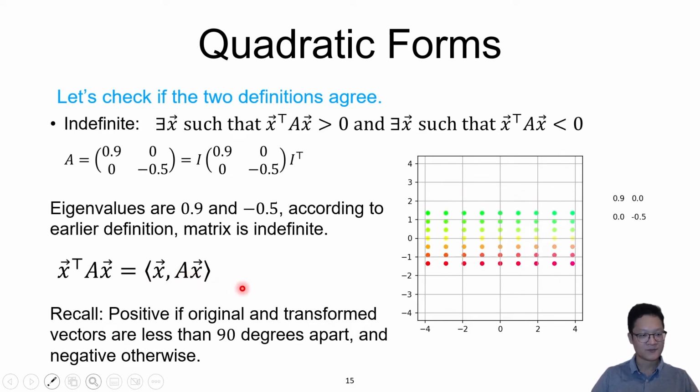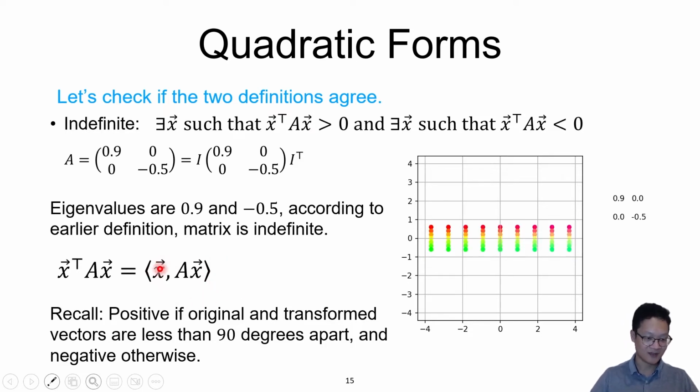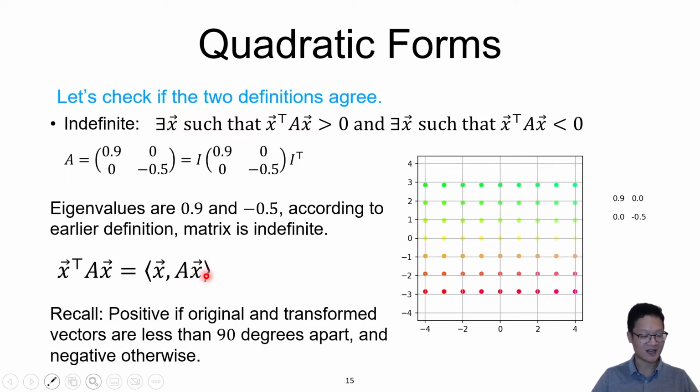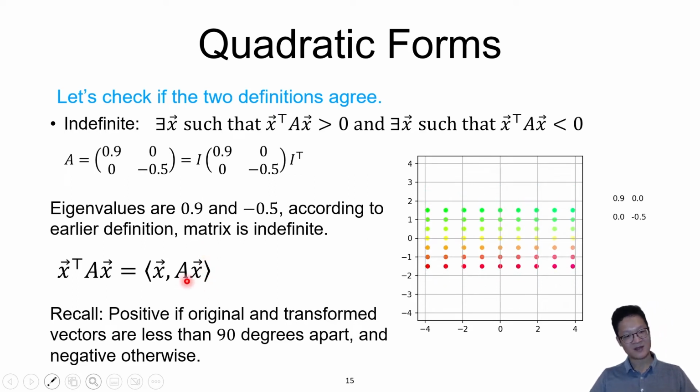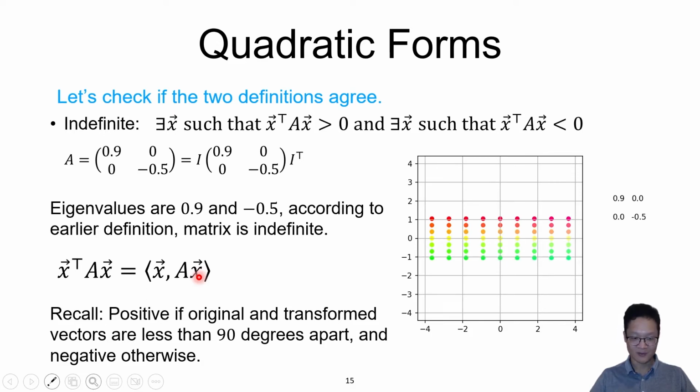Okay, so recall that inner products are positive if the arguments are less than 90 degrees apart, and they are negative if the arguments are more than 90 degrees apart. So the question is, after you multiply A to x, does the result become more than 90 degrees apart or less?